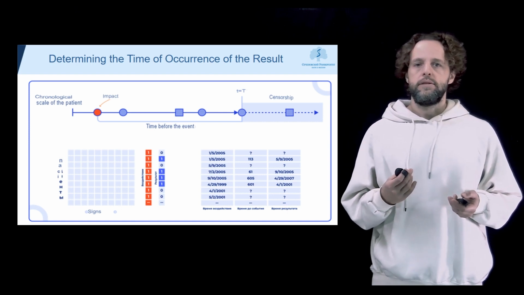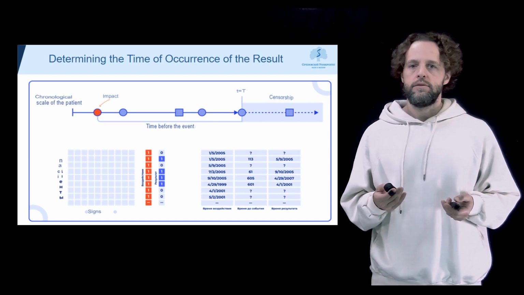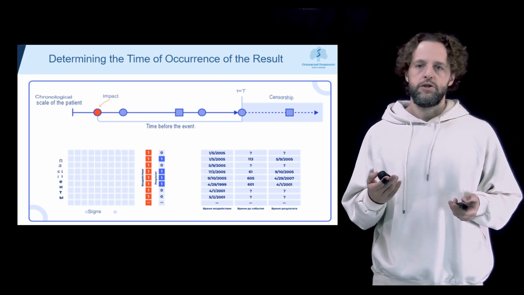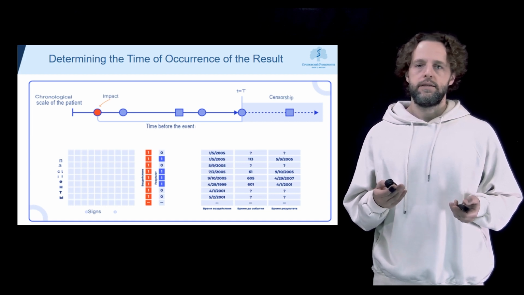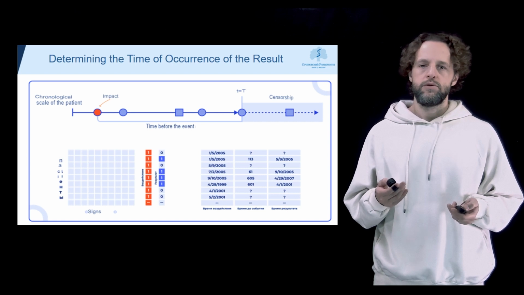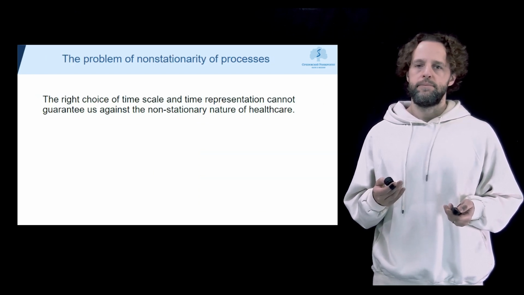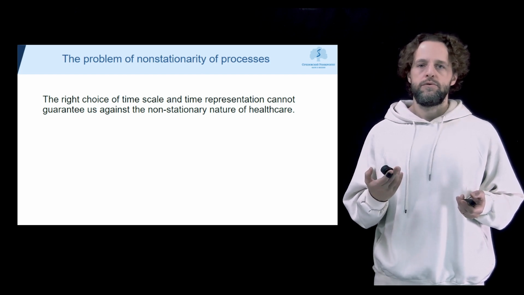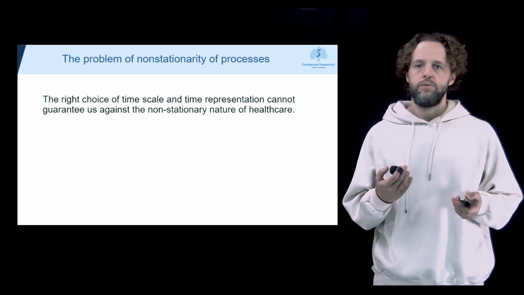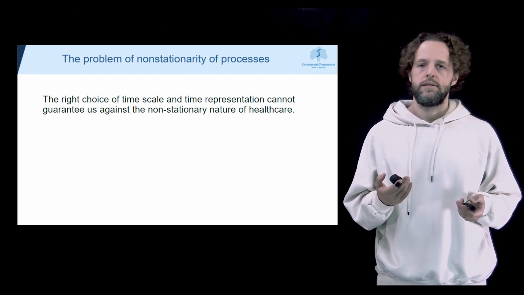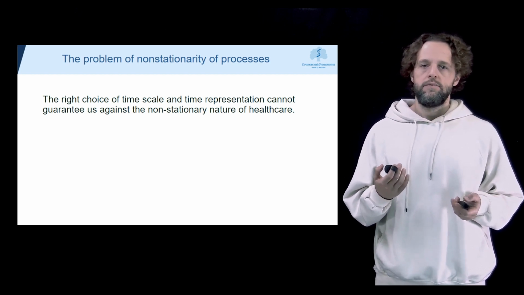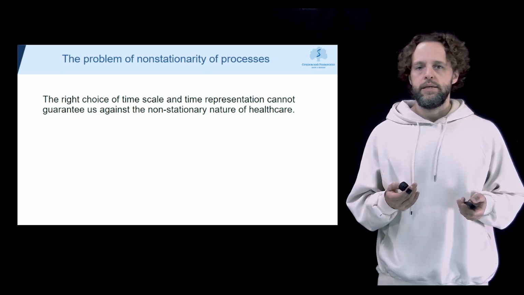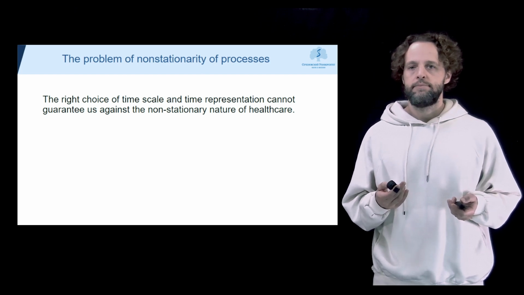Careful and correct determination of the time of exposure, the time of occurrence of the outcome, as well as the dimension of the time cell is necessary when working with processes that develop over time. Along with the choice of timescale and time representation, we must consider the fact that the healthcare system itself evolves over time. Combined, these changes make our data generation non-transparent.